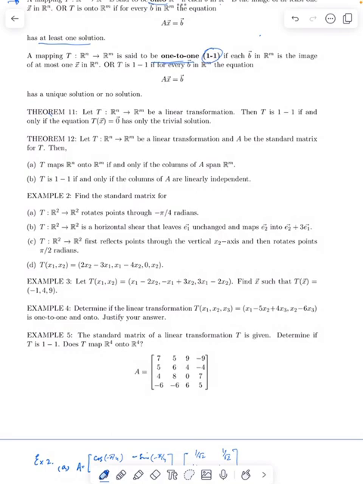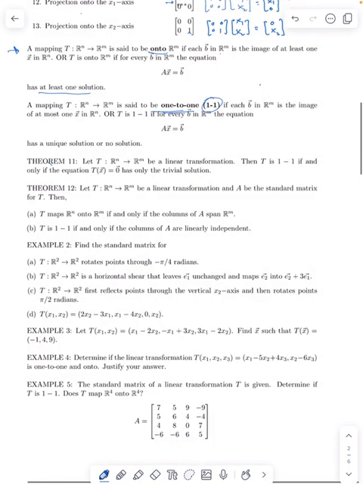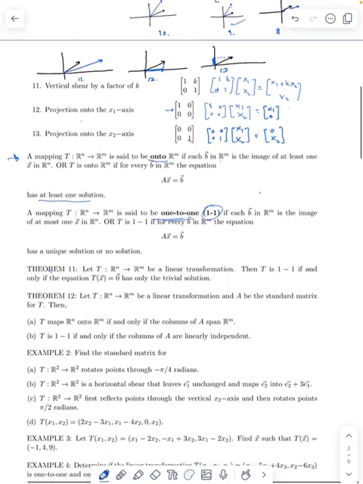Next, we have theorem 11, and remember we started section 1.9 with theorem 10.